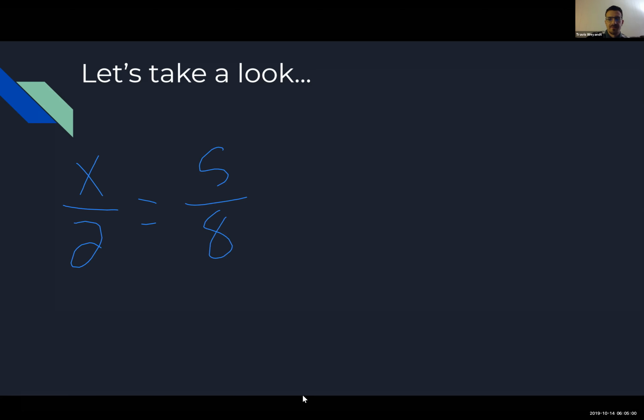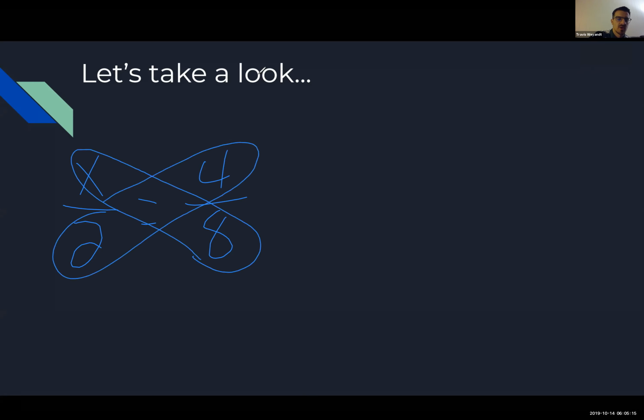Okay, let's actually change that to 4, let's say 4/8. If I was asking, what does the x equal in this problem? I would draw my tunnels to say that I'm going to cross multiply. So 8 times x is just 8x, and that equals 4 times 2, which is also 8. Then the next step is to solve for the variable.